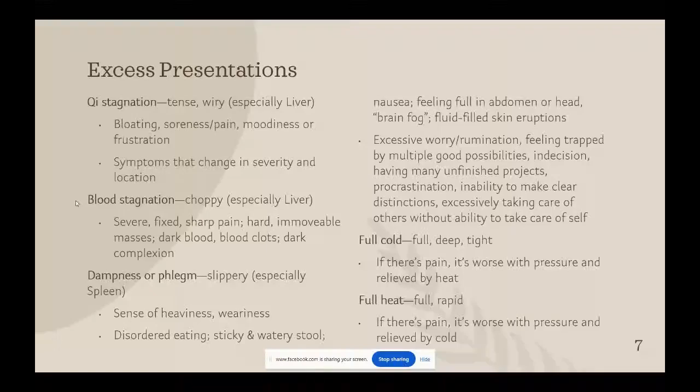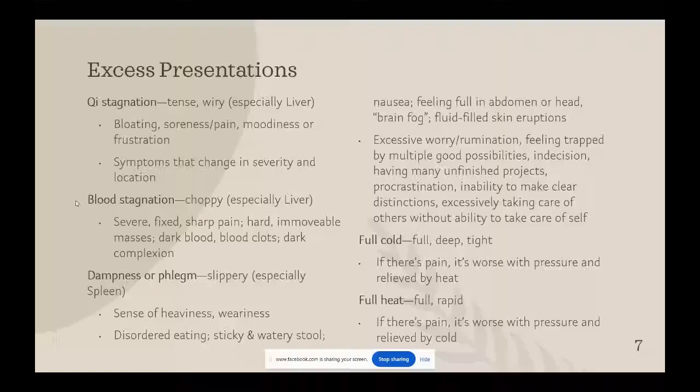especially has to do with the liver. The liver has a big role in spreading out the qi and ensuring the smooth flow of qi. And if it's not able to do its job, this could result in discomfort, pain, bloating, especially for emotional stuff, especially frustration or moodiness.